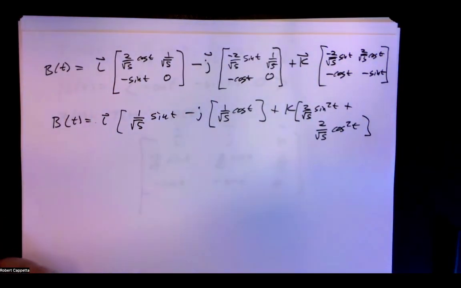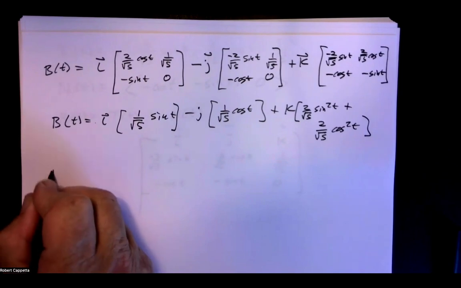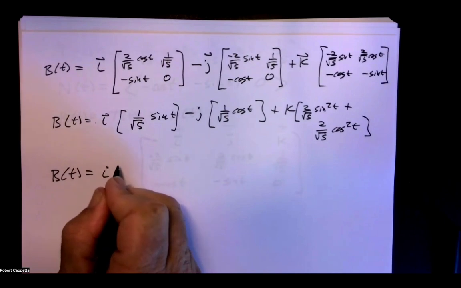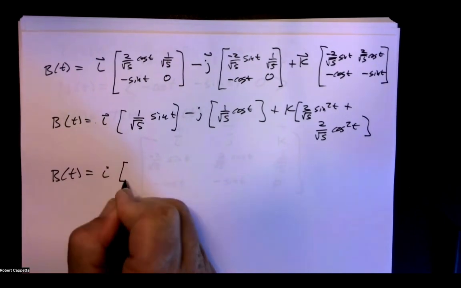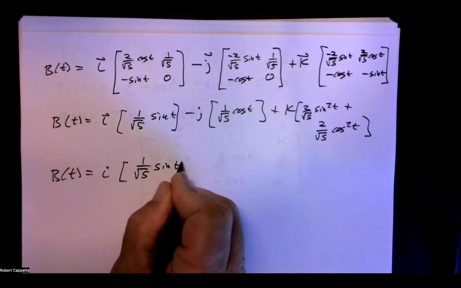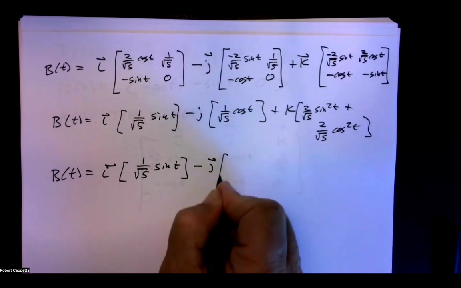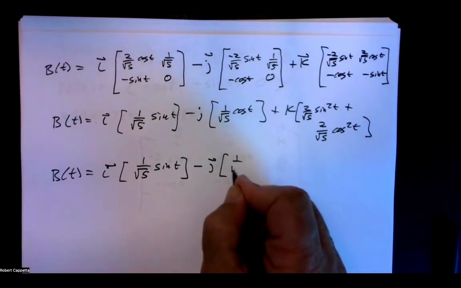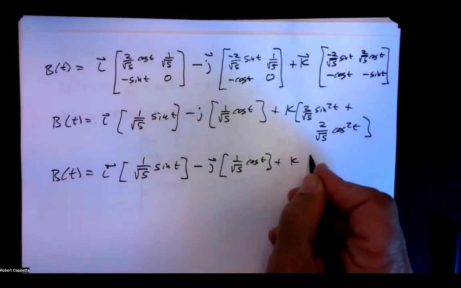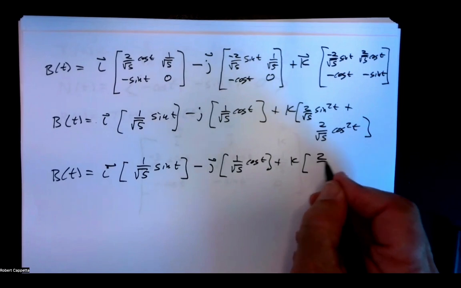So what does that give me then for my B of t? B of t in the i direction, it's 1 over root 5 sine t, minus j is 1 over root 5 cos t, plus k times 2 over root 5 sine squared plus 2 over root 5 cos squared, which is just 2 over root 5.